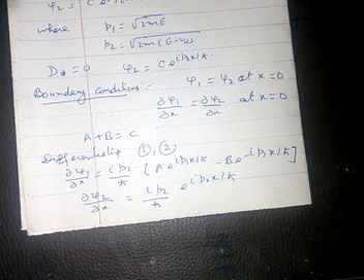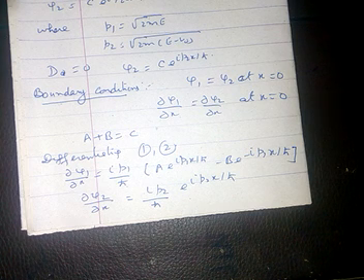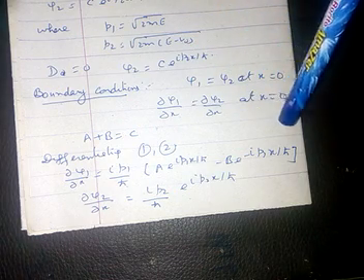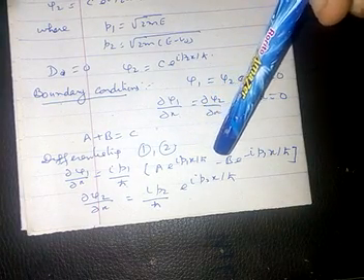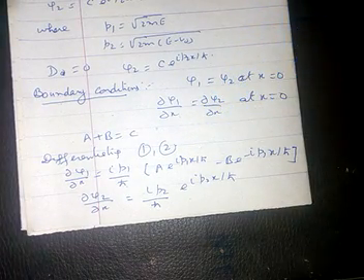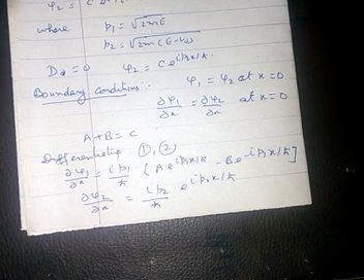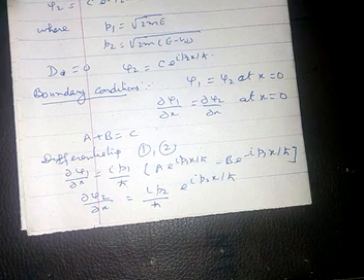Now differentiating equations 1 and 2, we get d psi1 upon dx equal to i p1 upon h cross into (a e raised to power i p1 x upon h cross minus b into e raised to power minus i p1 x upon h cross), and d psi2 upon dx equal to i p2 upon h cross c e raised to power i p2 x upon h cross.